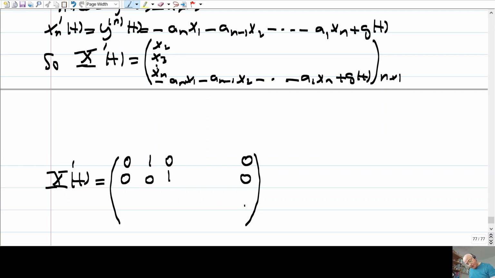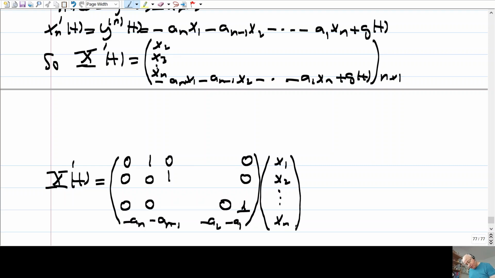It will go like this up to the last row, and then the last row will be minus an minus 1 up to minus a2 minus a1, and then here I have x1 x2 xn plus 0 0 and then 0 finally I have gt.